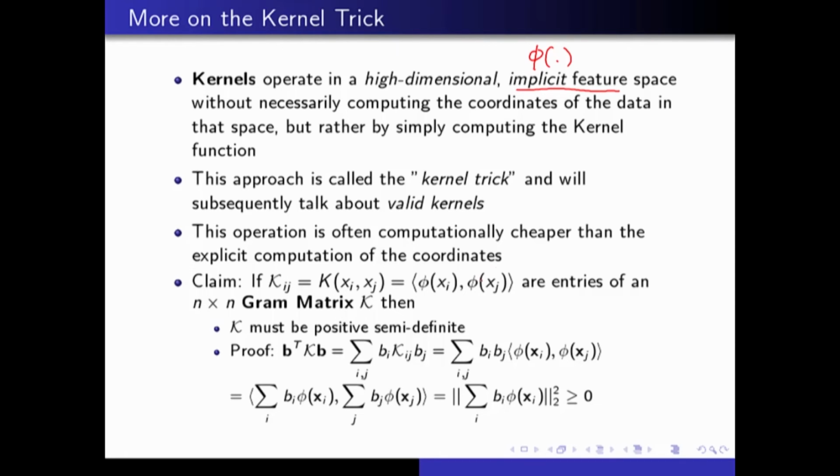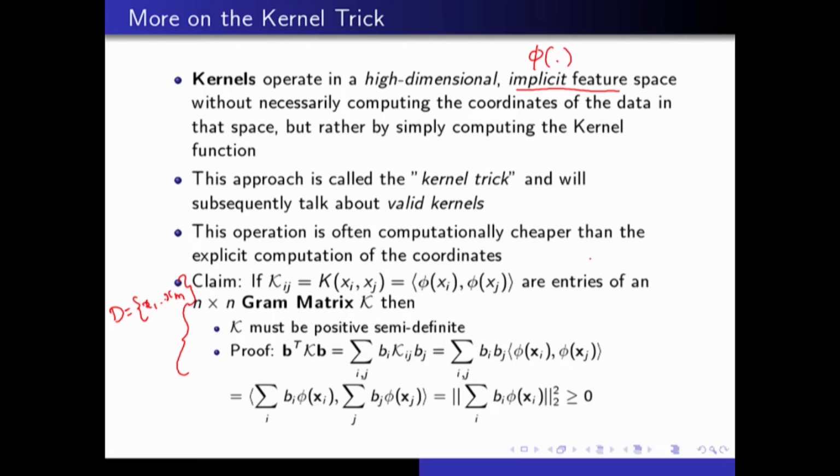This can be done for an entire data set. So let's consider a data set D, which consists of points x1 to xm, and let's say we consider computation of the kernel function for every pair of points. What you then get is something called the gram matrix.